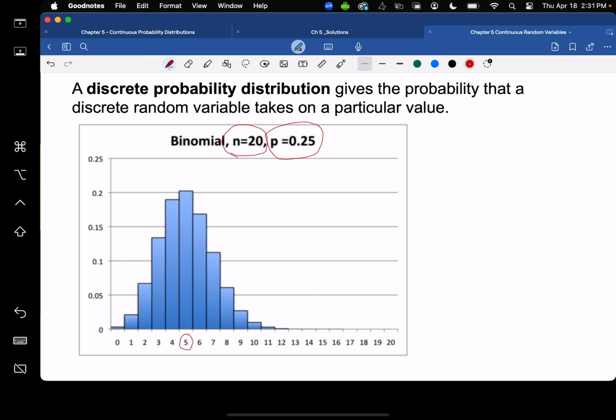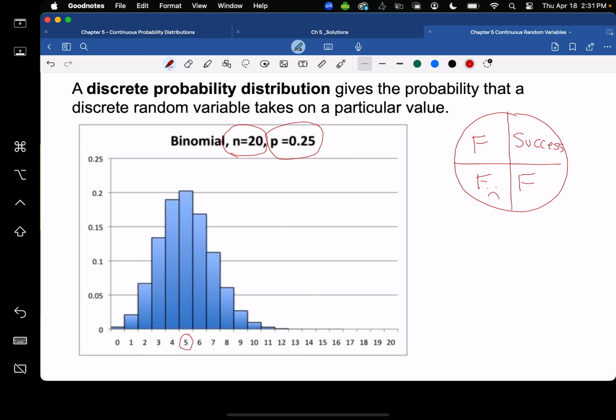Maybe this is a spinner. I'm just coming up with this on the fly. And the spinner would have 4 sections, and this would be the success region. And then this would be failure, failure, failure. But 25% chance of success.